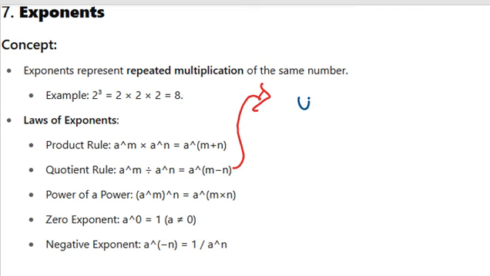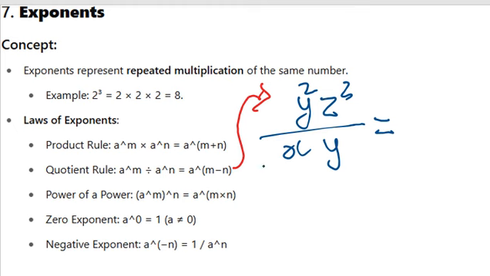Okay, what to do here? Let's focus on x first. x is only appearing below, we don't have x above. So what you're going to do with the x variable is say there's 1 over x.